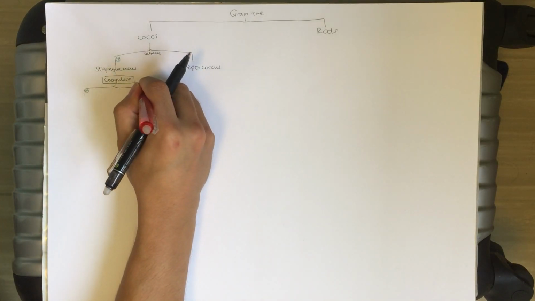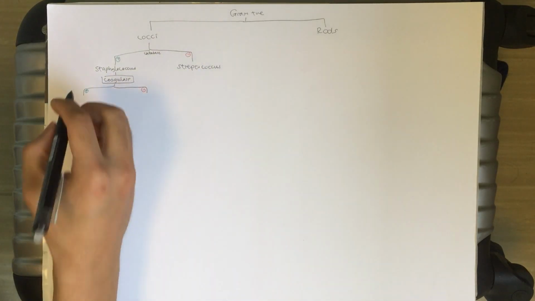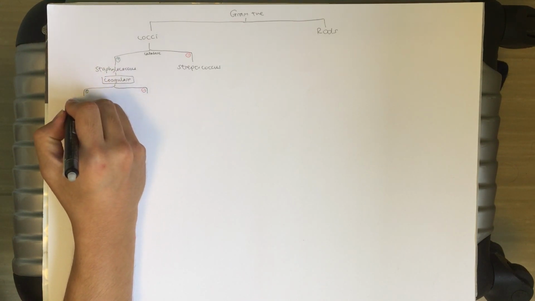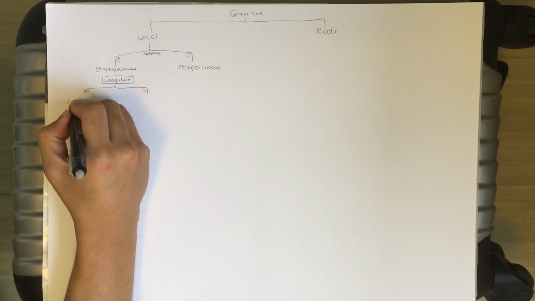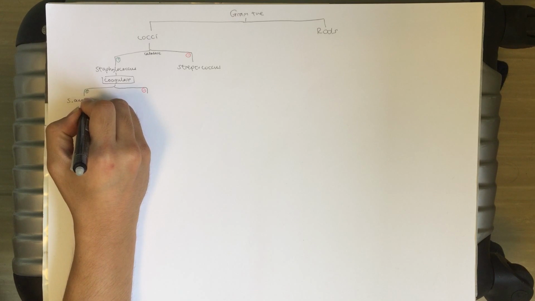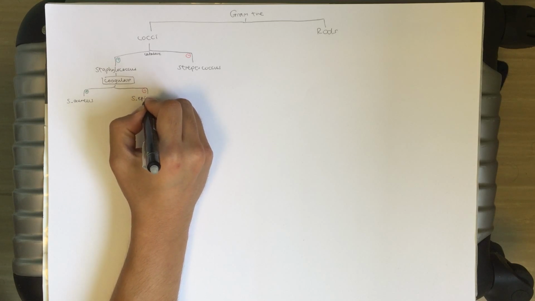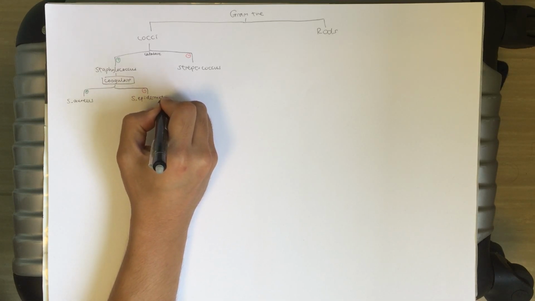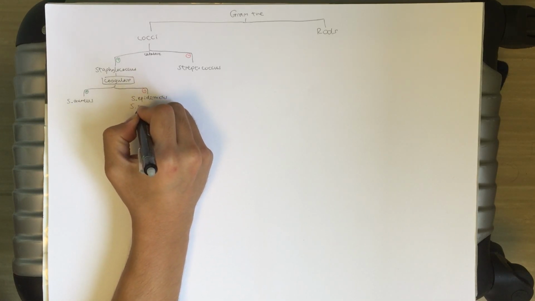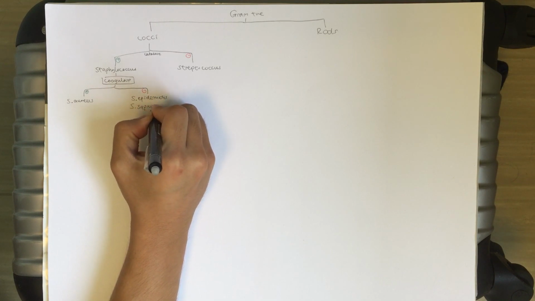So the positive will be over here, and the negative will be over here. So coagulase positive, you have Staph aureus, and for the negative you have Staph epidermidis and Staph saprophyticus.